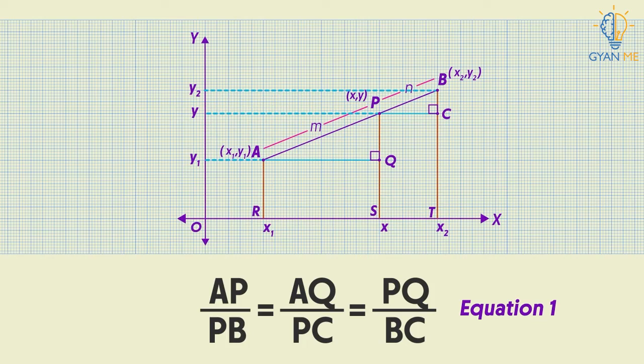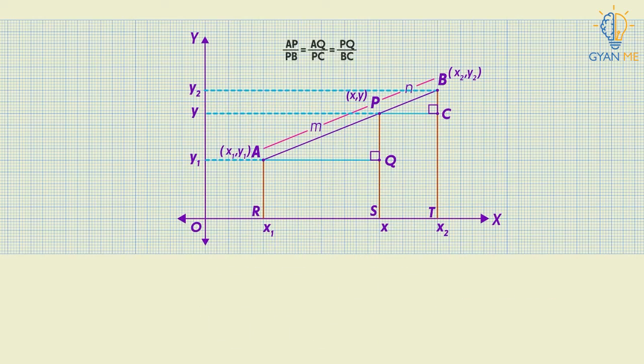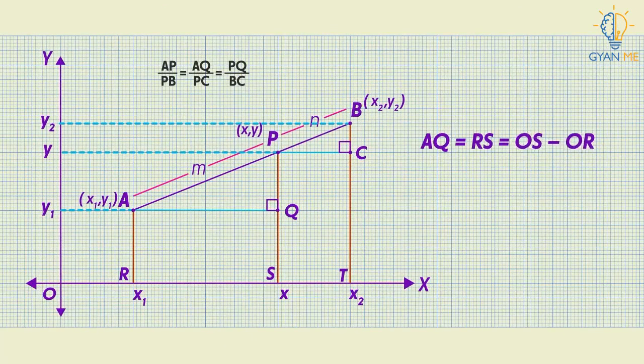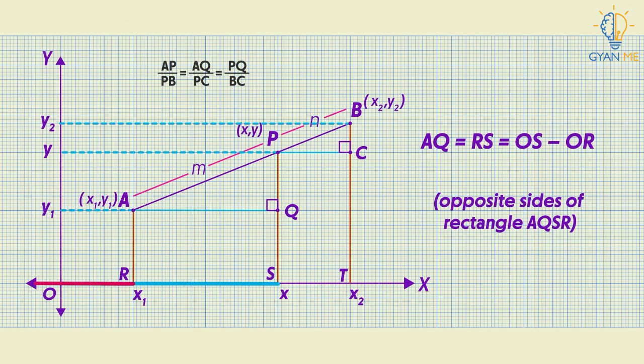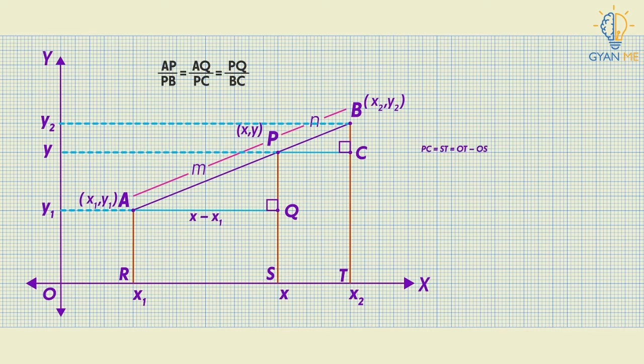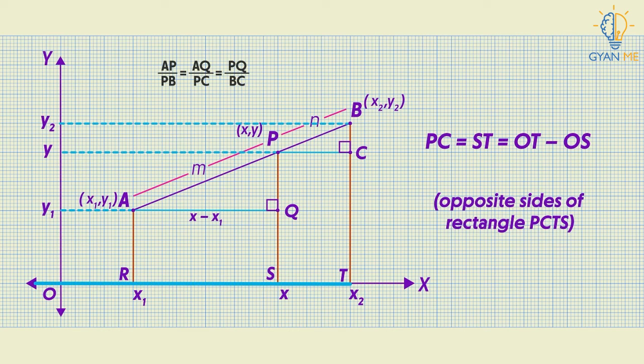Now observe the figure carefully. From the figure we get AQ is equal to RS is equal to OS minus OR, which is equal to x minus x1. Also, PC is equal to ST is equal to OT minus OS, which gives us x2 minus x.